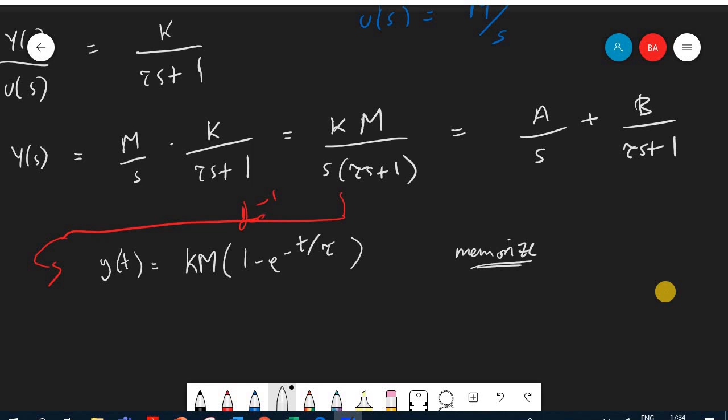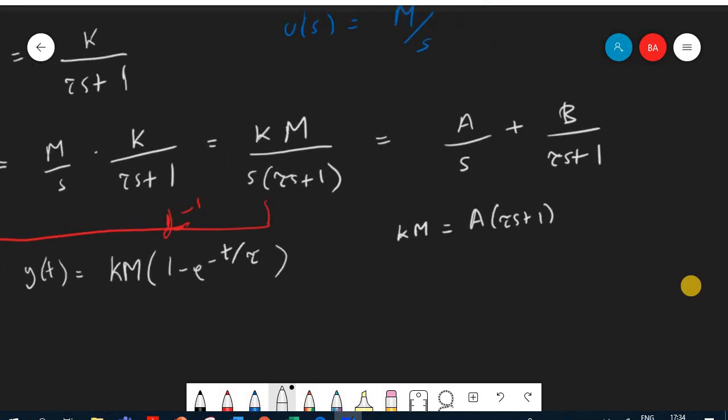If you do remember this, we said we are going to multiply both sides with s into (tau s plus 1). So this will be Km is equal to A into (tau s plus 1) plus B into s.